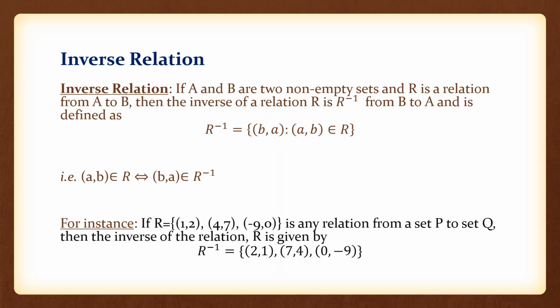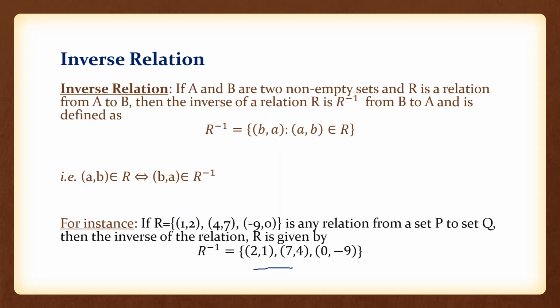If R equals 1 to 4, 7, minus 9 and 0, if there is a relation R from P to Q, then the inverse is represented by R raised to minus 1, equals, see, 2 becomes 1, 1 becomes 2. So it just swaps the values. Similarly, after swapping, it will be 7, 4, and 0, minus 9. So this is the inverse of a relation.